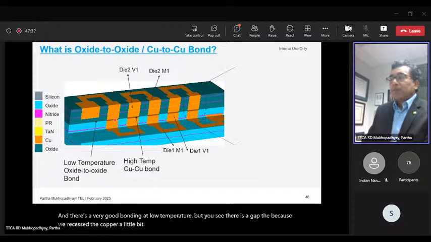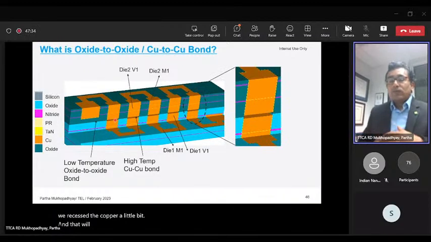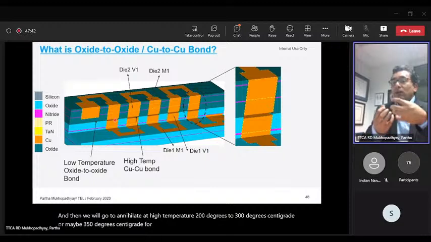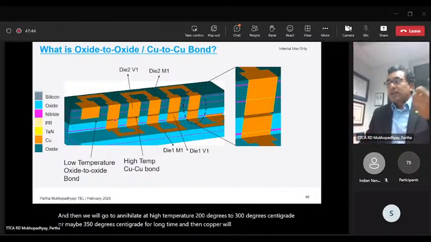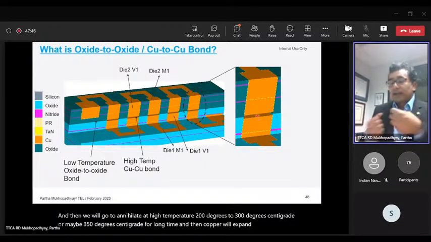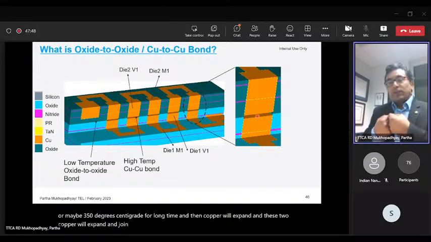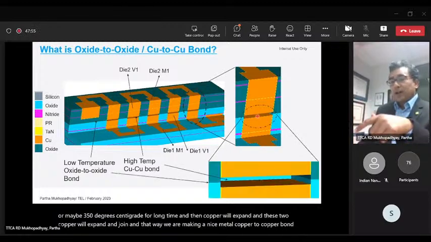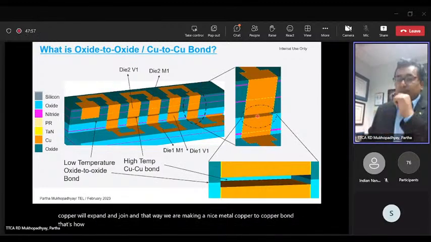Then we go to anneal at high temperature, like 200 to 300 degrees centigrade, or maybe 350 degrees centigrade for a long time. And then the copper will expand, and these two coppers will expand and join. That way we are making a nice copper to copper metal bond. That's how we do the bonding.